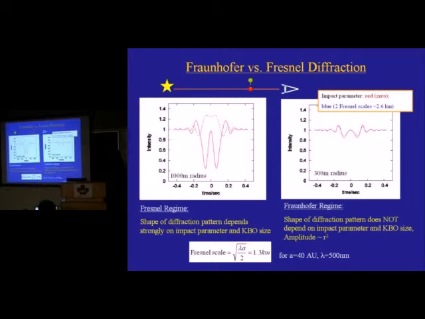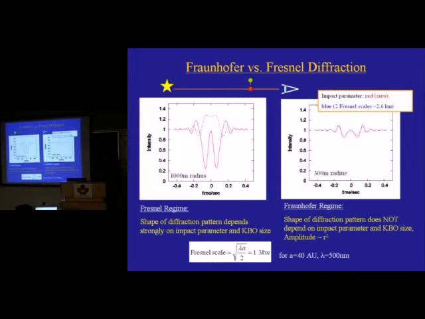In the Fraunhofer regime, the diffraction pattern is much more generic. It does not change anymore with impact parameter. You see here, it's the same difference in impact parameter, and the blue and the red curve look pretty much the same. It doesn't depend on the shape of the object, and this makes our search for signal quite easy because we can use one template.